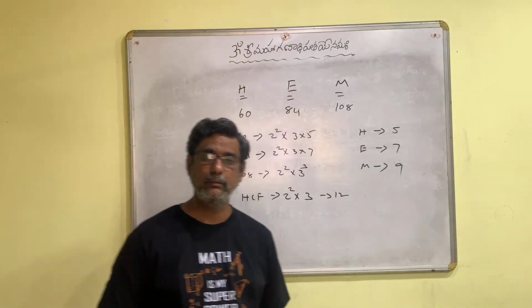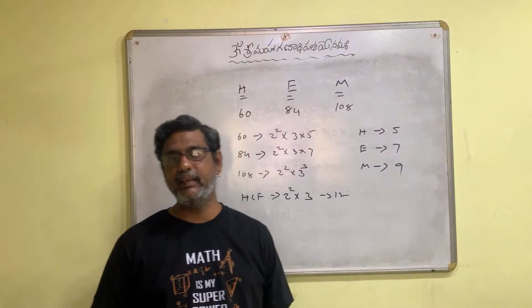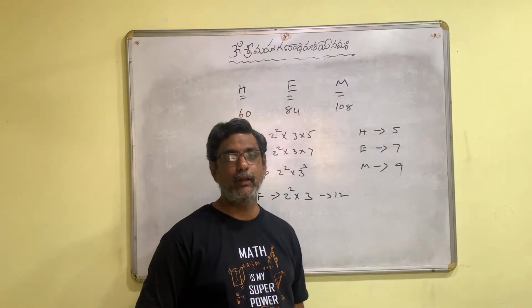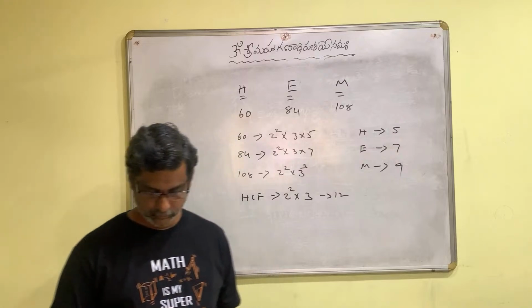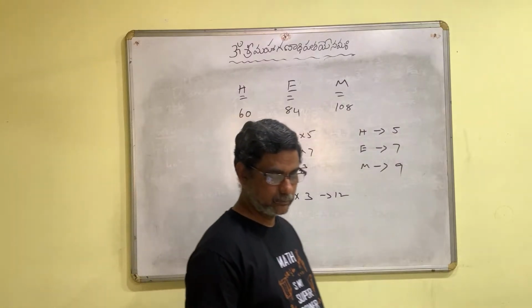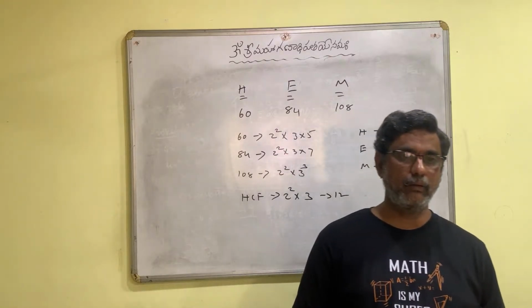Very good. 5 plus 7 plus 9, for the total event 21 rooms are required.